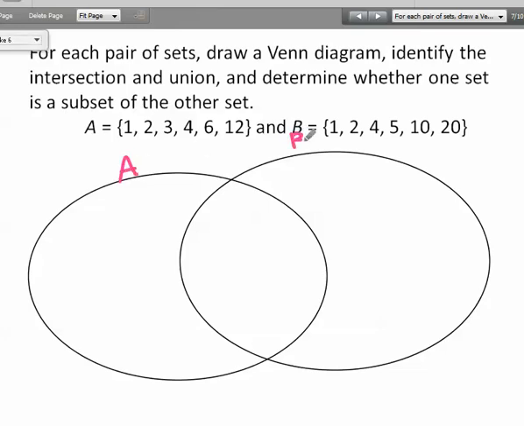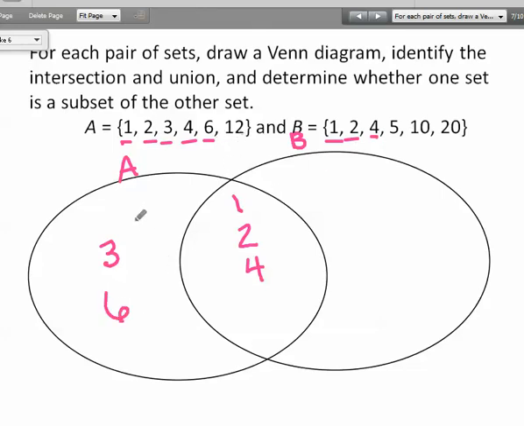This will be B. Now, A has a 1, so it's going to go in the middle since it's in both A and B. 2 is also going to go in the middle because it's both in A and B. How about 3? Well, 3 is going to go out here because it's not in B. And 4, oh, look at that. 4 is in both. 6, oops, 6 isn't in both of them.